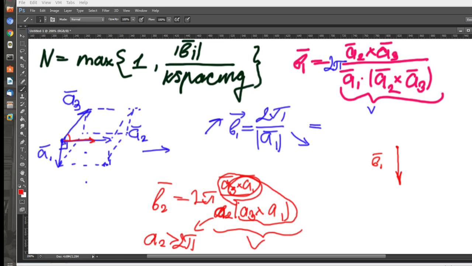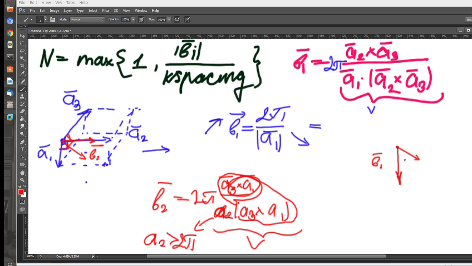Here the angle is 90 degrees, but here it is not, and it should be 90 degrees, and thus it should be something like that. Yeah, maybe like that, and that's how b2 looks. Let's redraw it here, so it is shorter.